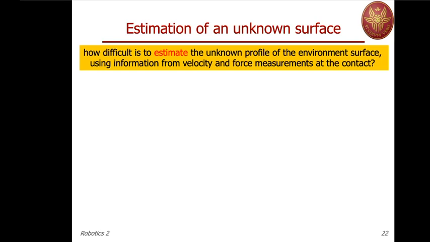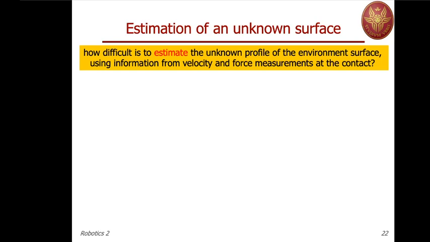And similarly, if we use force measurement and we expect that forces are always normal to the surface, then by measuring those forces with a force torque sensor and doing the proper rotation and transformation, we expect that the direction of the measured force is the normal direction. So we have two complementary pieces of information about the tangent and the normal to the given surface, which is unknown a priori.